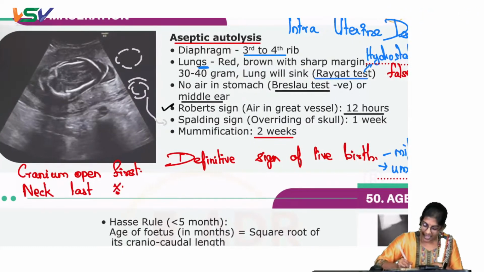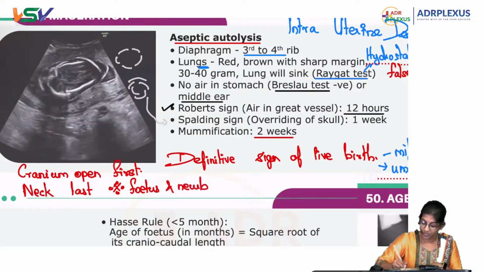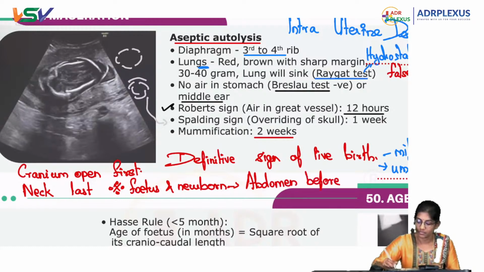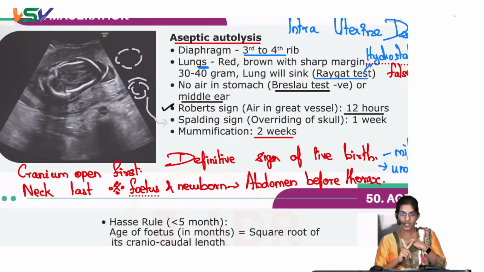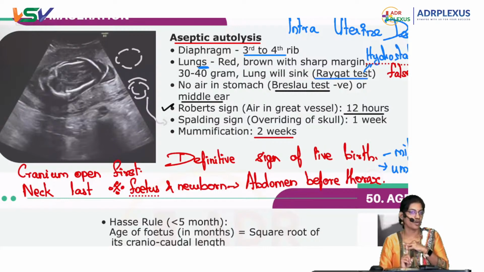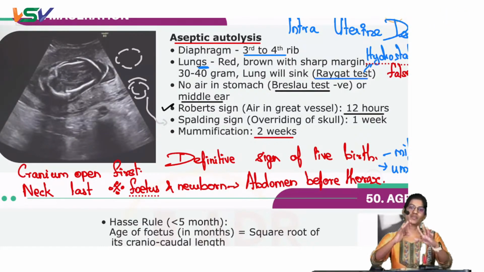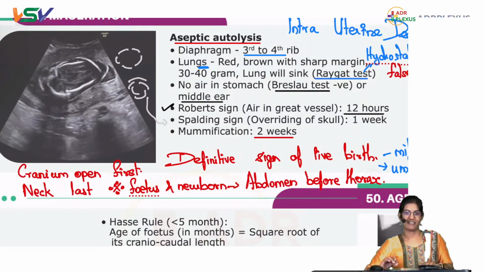Also, in case of fetus and newborn, abdomen before thorax. This is the rule. Cranium is always opened first, neck is always opened last. In case of fetus and newborn, the abdomen is always opened before the thorax because we want to know the level of the diaphragm. Okay?